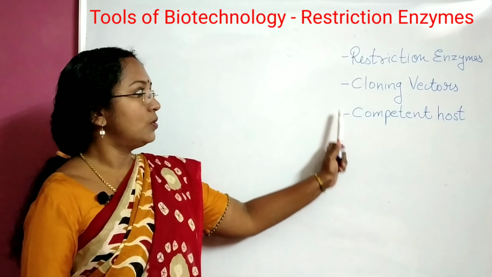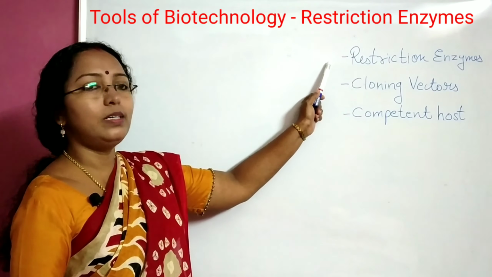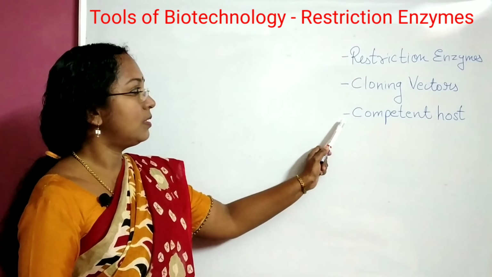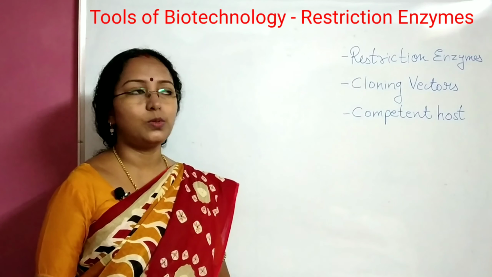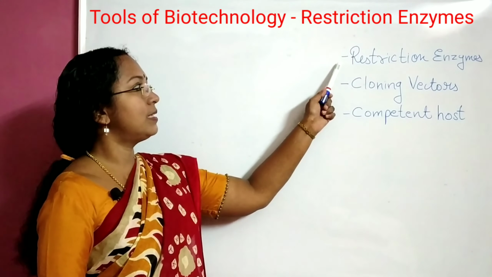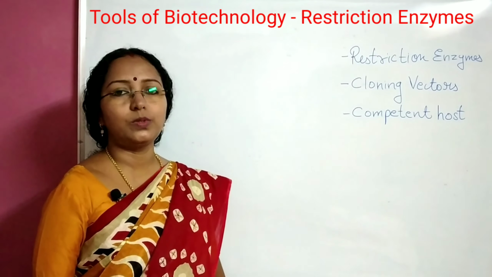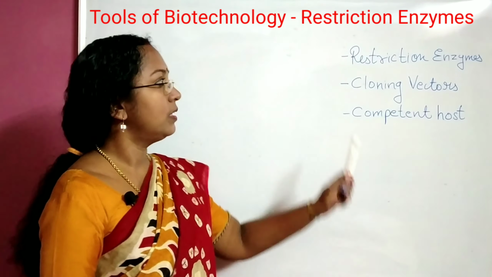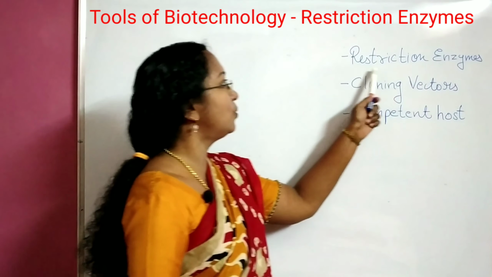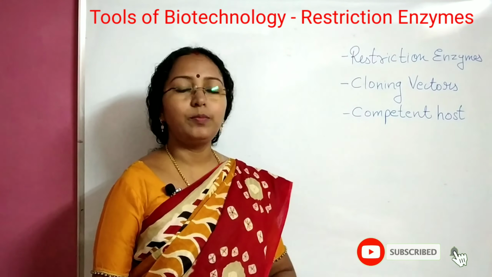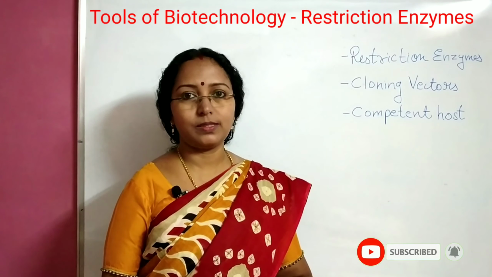Those three tools are: first, restriction enzymes; second, cloning vectors; and third, competent host. Once again, restriction enzymes, cloning vectors, and competent host. In today's session, we'll focus on the first tool of recombinant DNA technology, that is the restriction enzymes.